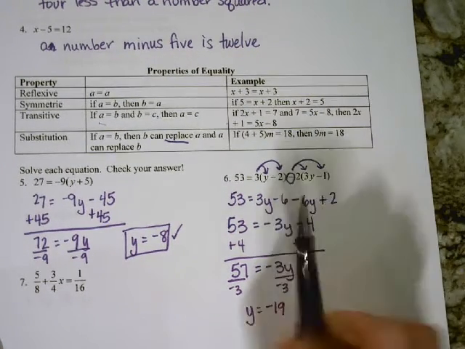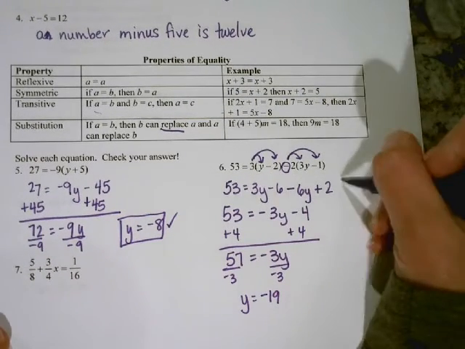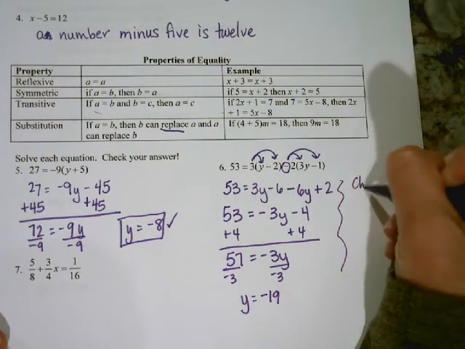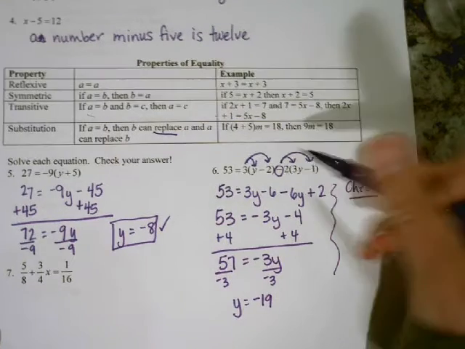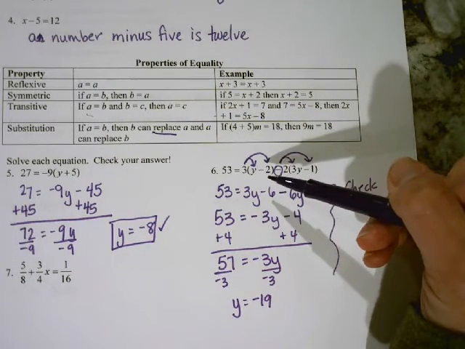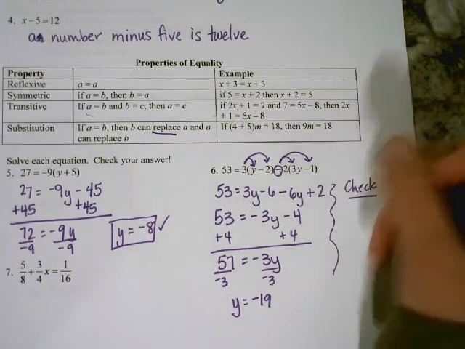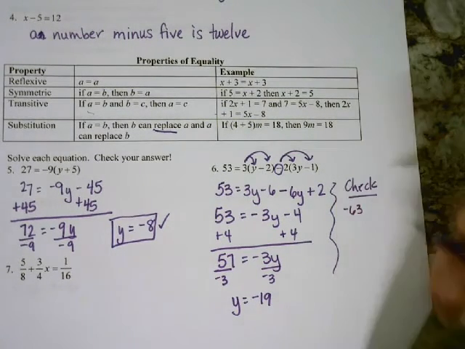Okay, let's check it. This one I might have to write a little bit down on the side, but that's okay. -19 minus 2 more is -21. -21 times 3 is -63.